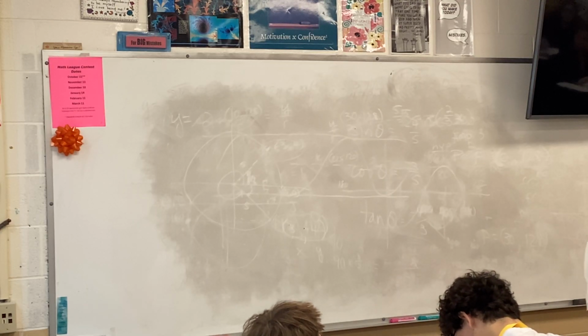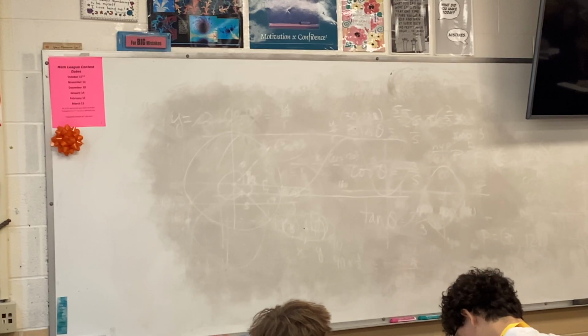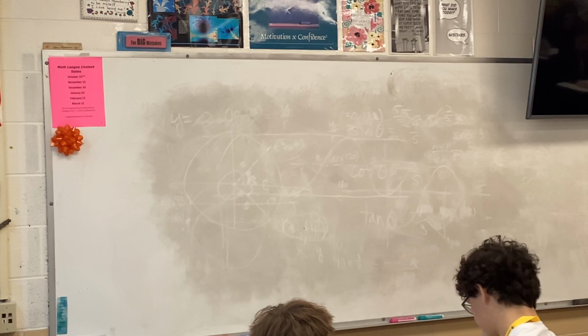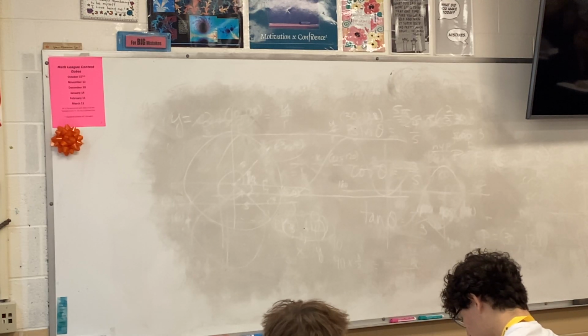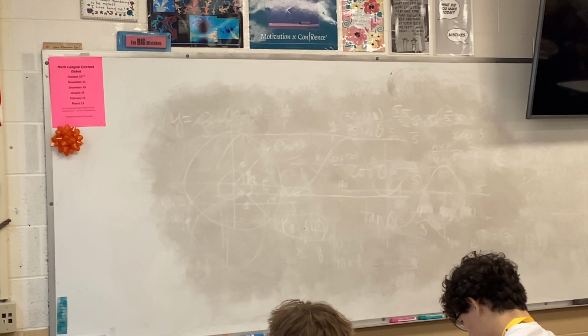It's 1. Right? Remember, the period's 4. So whatever happened to 29 happened at 25 and 21 and so on. Well, in 29 there are 7 periods and left over. So it's going to be the same as g of 1.